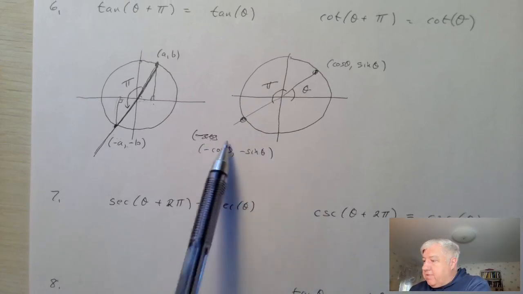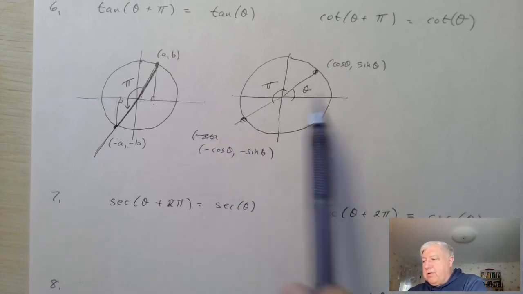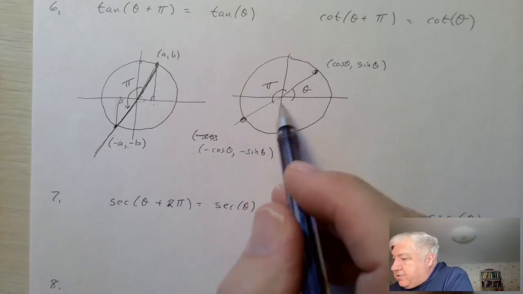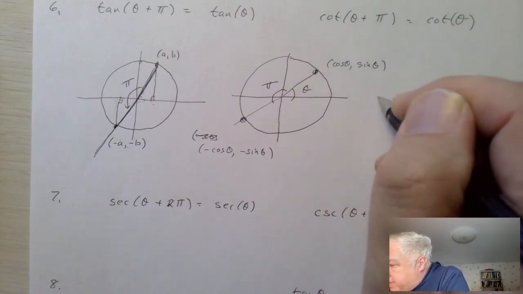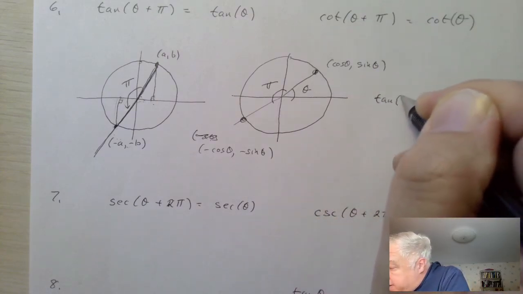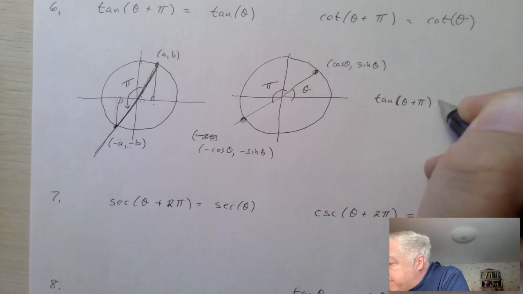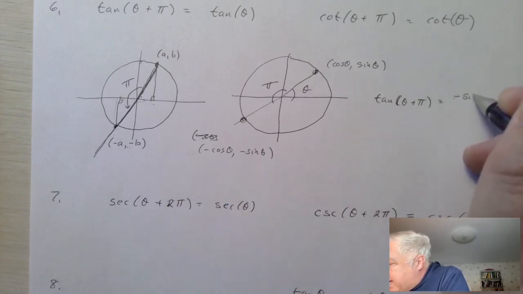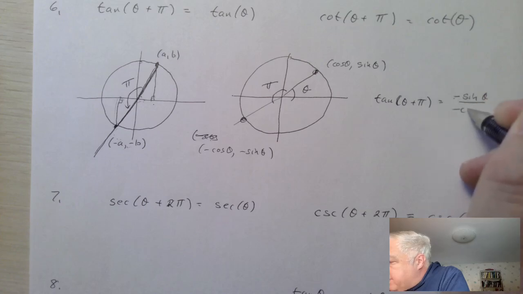But this is also the point that corresponds to the angle theta plus pi. So the tangent of theta plus pi would be minus sine theta over minus cosine theta.